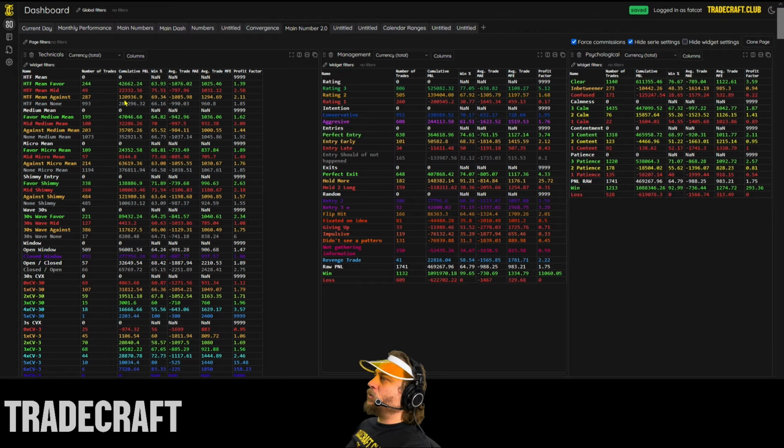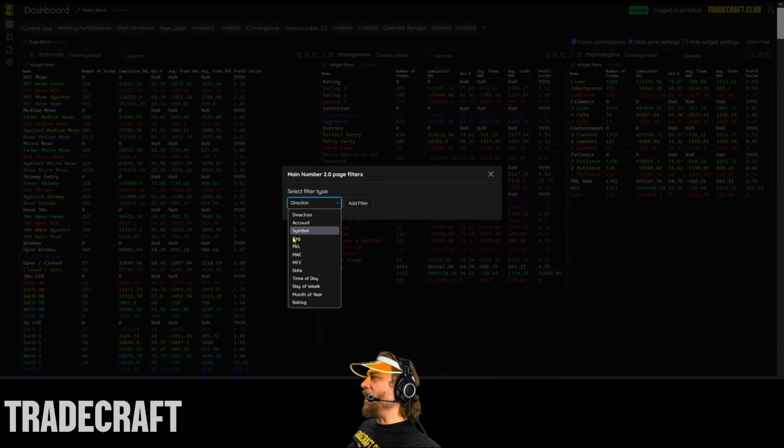But notice this one makes 120,000 versus this one that only makes 42,000. So for some reason on mean reversion, it is making far less money. It's at a 63% win rate, where this is 69%. So why is this making substantially less money than that? Well, it's because there's an outlier trade.